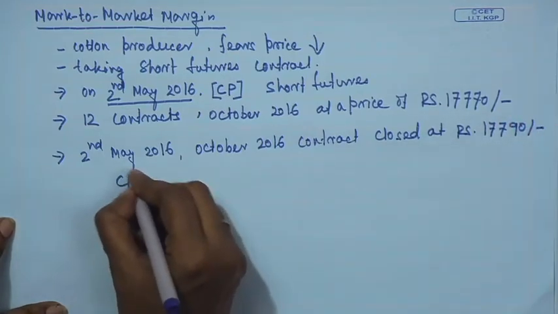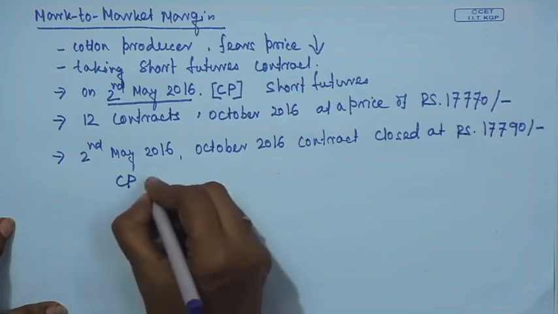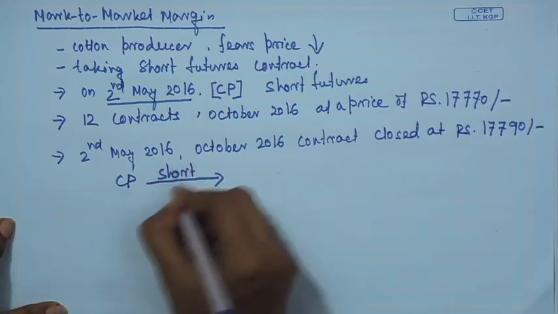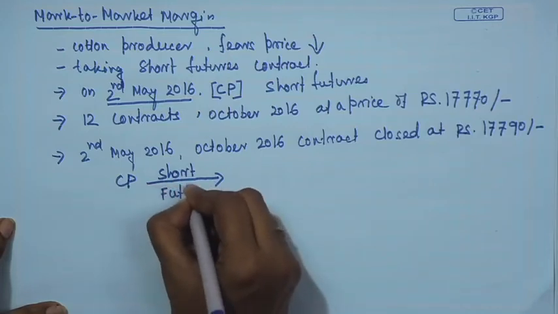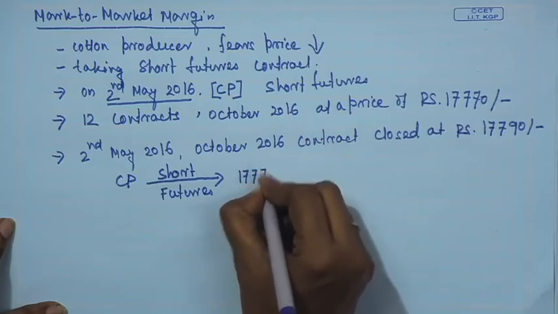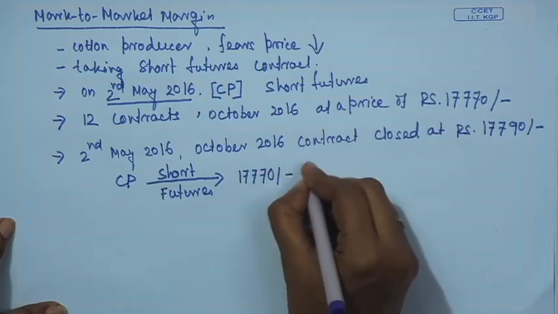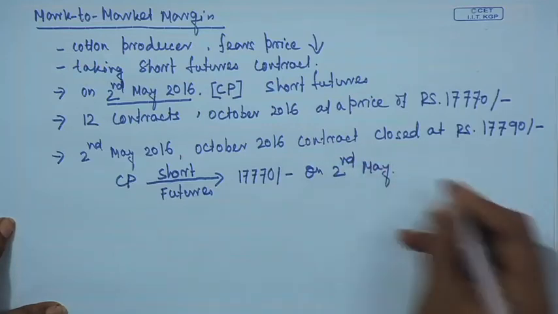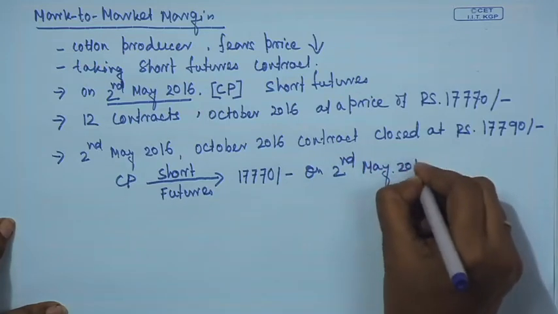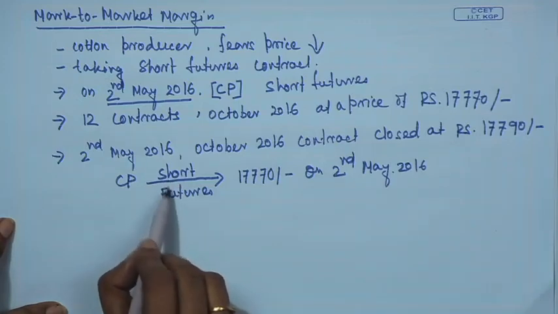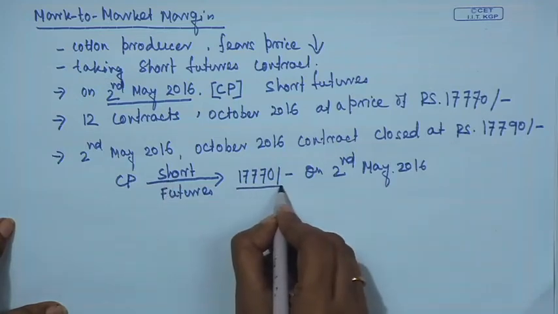So the cotton producer took short futures at a price of 770 on 2nd May. When he is short, he sold the futures contract at 770.